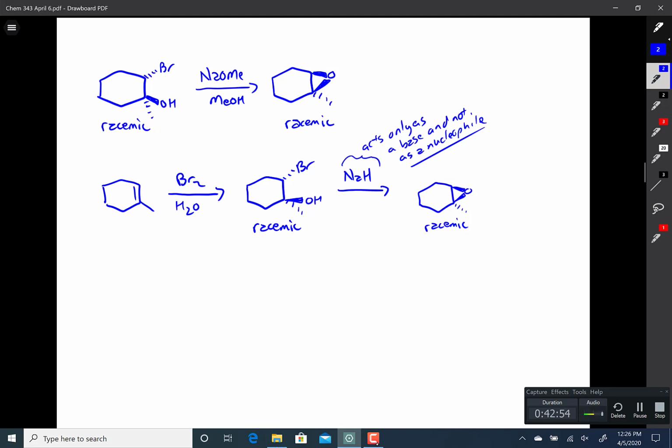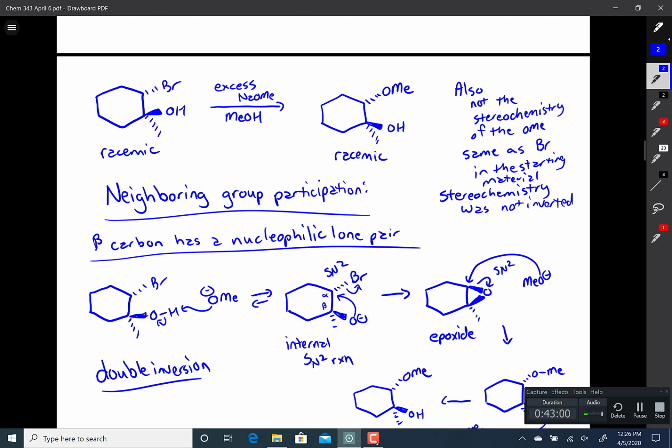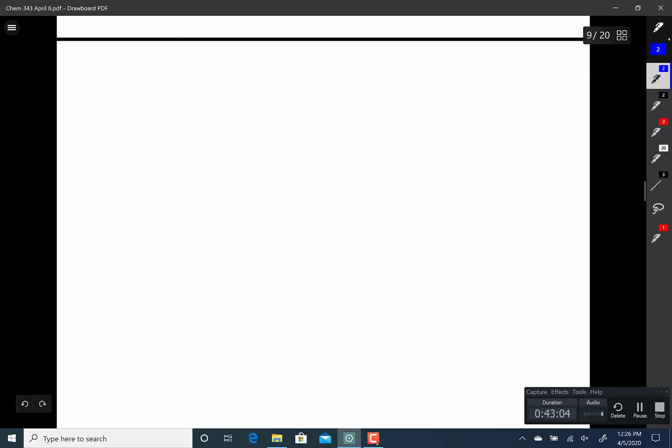Now, this neighboring group participation is not limited to OHs. You'll find that you can do it also with sulfurs and nitrogens.